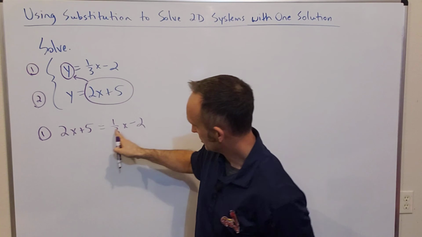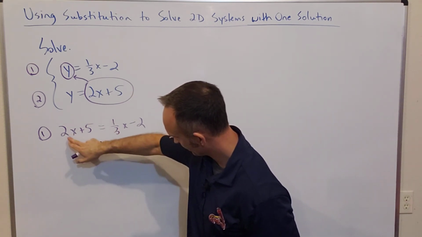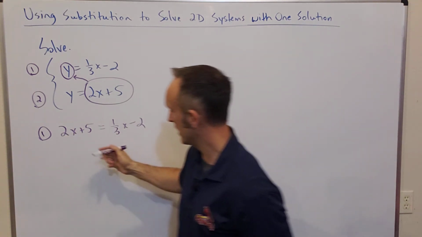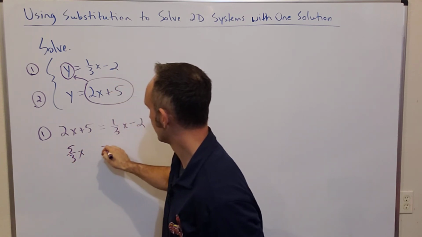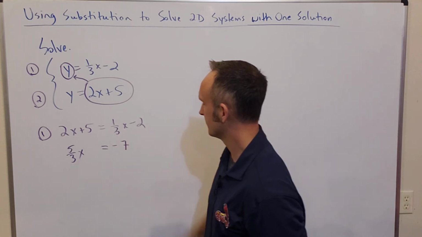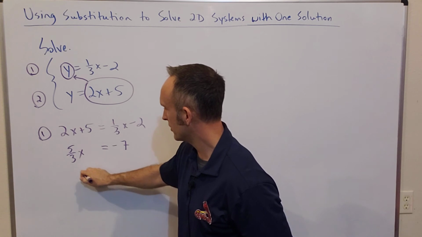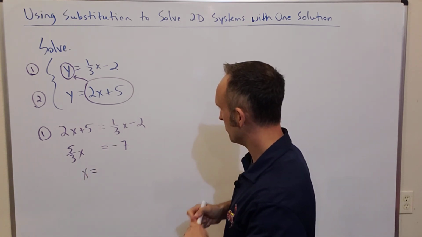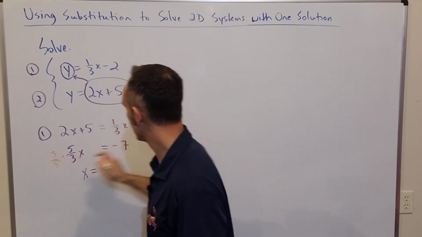So I'll subtract my 1/3 x over to be with my 2x. 2x is 6/3 x, minus 1/3 x is 5/3 x. Subtracting 5 over gives me -7. And then I can divide both sides by 5/3, which is the same thing as multiplying both sides by 3/5.